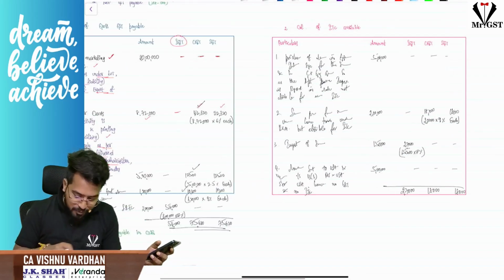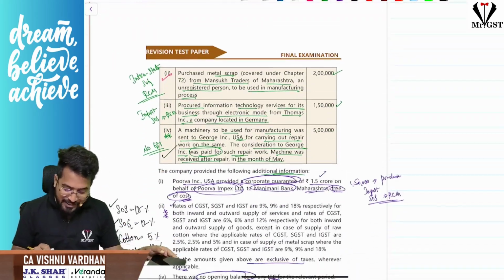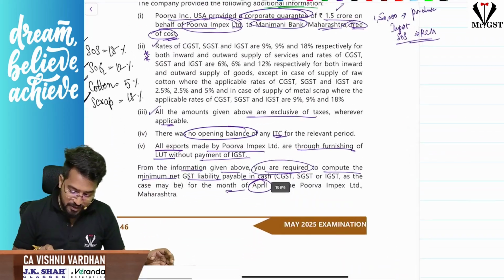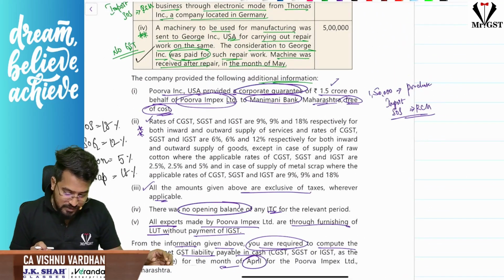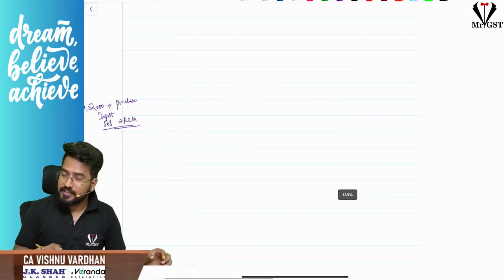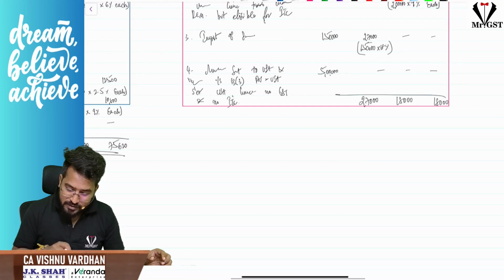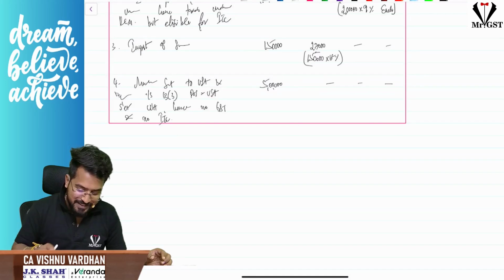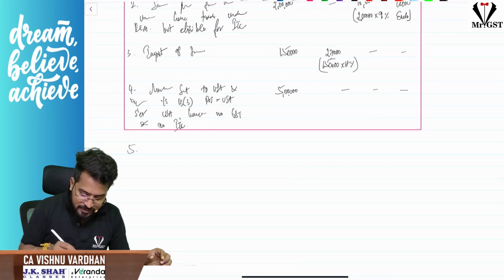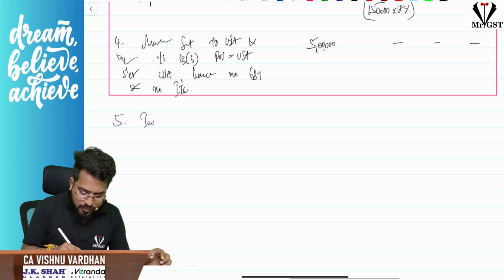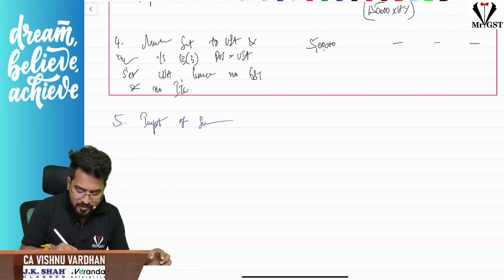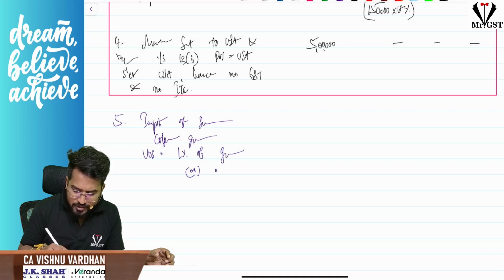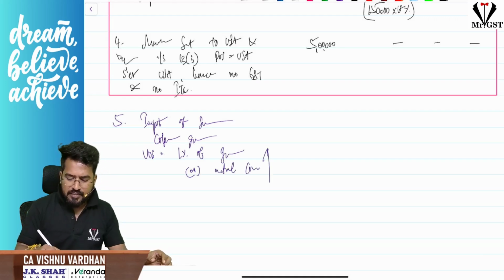We forgot one more purchase in the additional information. So what is that? If you remember, sir, this corporate guarantee, correct? Yes, we forgot that. So no problem. We did not recollect that until after the problem was over. So fifth one, sir, this is again also import of services, corporate guarantee. Then you should write down there: value of supply is equal to 1% of guarantee given or actual consideration, whichever is higher.